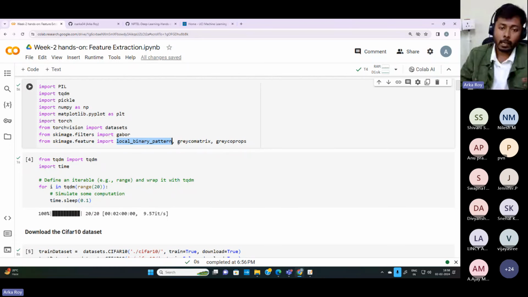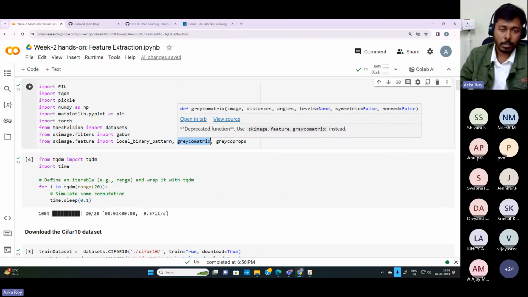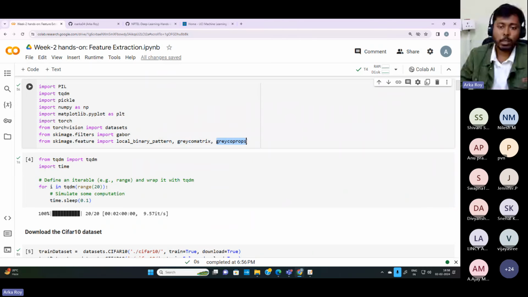I have also extracted the gray co-matrix, which basically means the GLCM matrix, and the properties of this gray co-matrix. If you fetch skimage.features, then you will be able to fetch these sort of methods. So this is coming from skimage, and you can also explore other features. Okay, thank you.